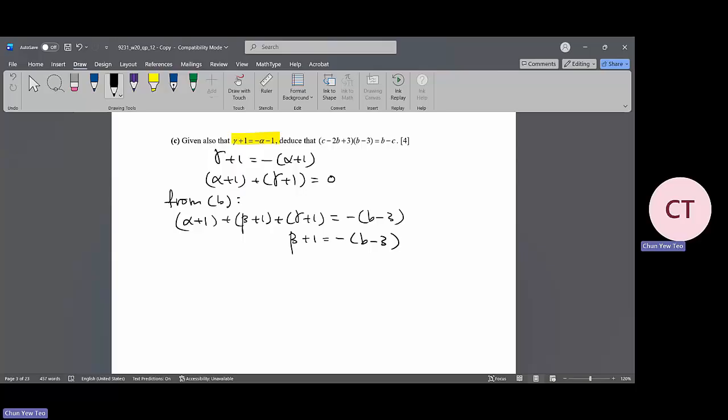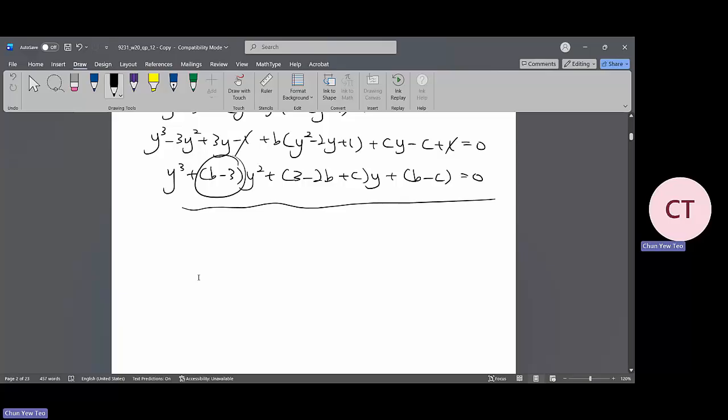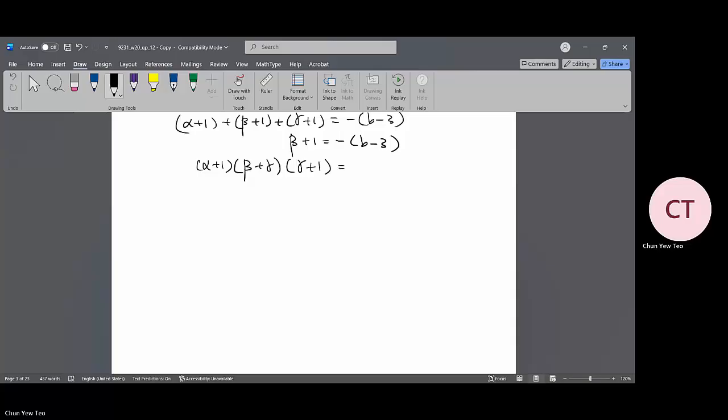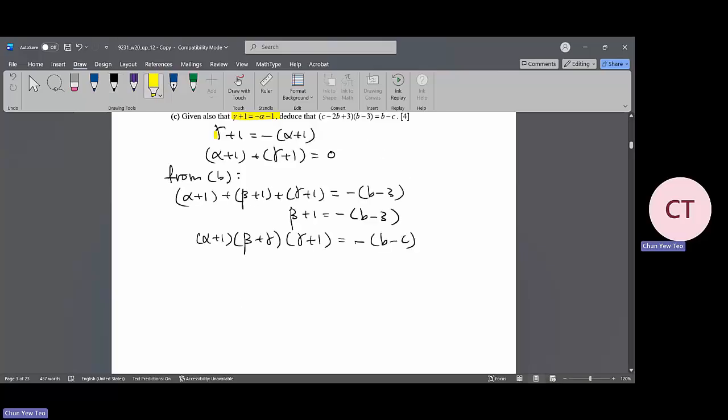Now we want to go for the product of the three roots. The three roots multiplied together will give you negative (a minus c). Then we know that gamma plus 1 is equal to negative alpha plus 1. Okay, so we know this relationship.